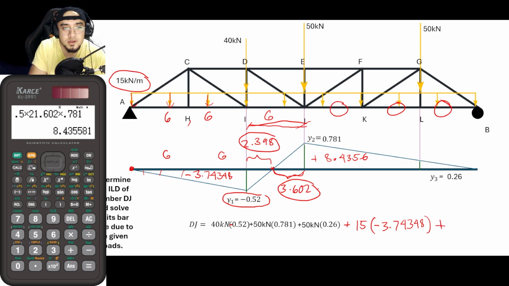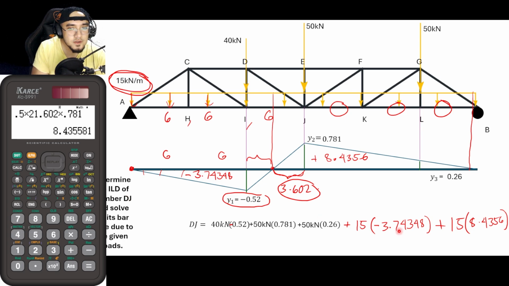Okay, plus, we would now once again project this 15 kilonewton per meter load, and since it is projected also to the whole of area 2, then plus 15 times area 2 of 8.4356. So this is 15 times this whole area, and the other is 15 times this whole area here.